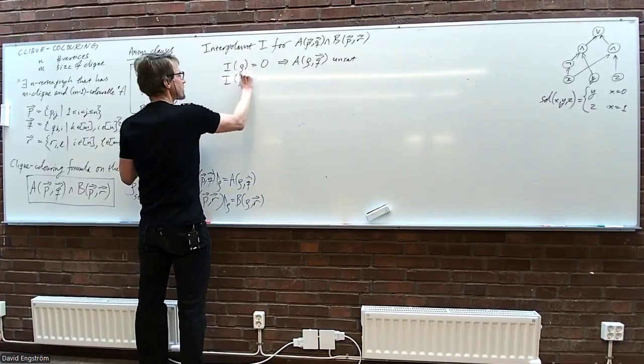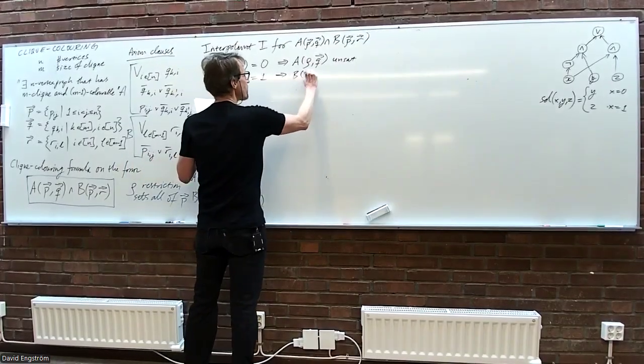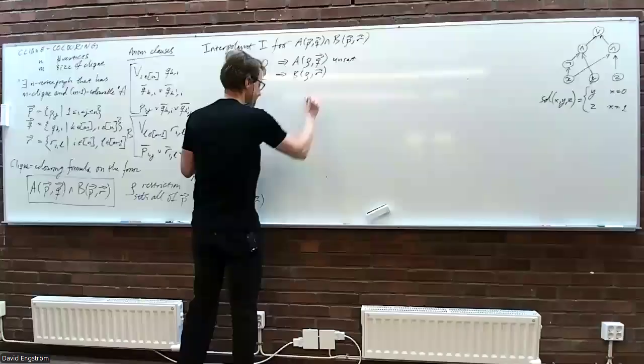And if the interpolant says 1, that means that the B formula is unsatisfiable.